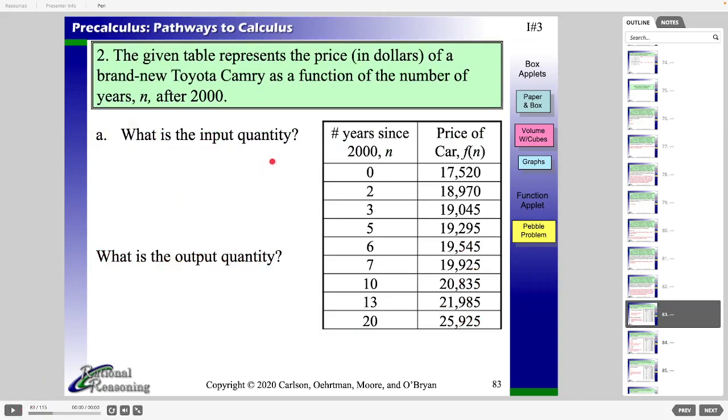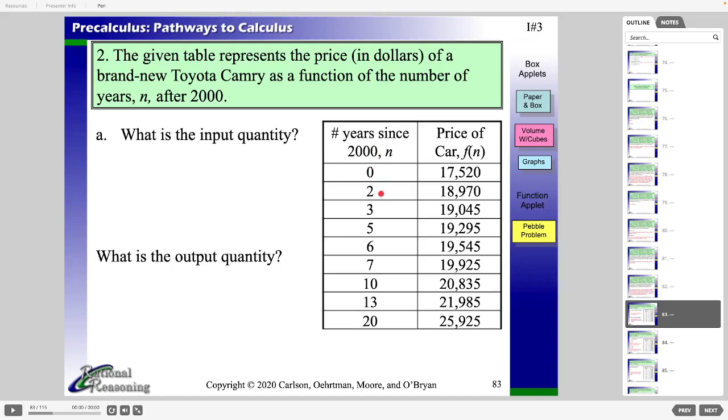Okay, number of years since 2000, so 0 would be at the beginning, the year 2000. We're leaving circles and area right now. But what we can see is the input quantity, the variable that we input, is n, the number of years since 2000.